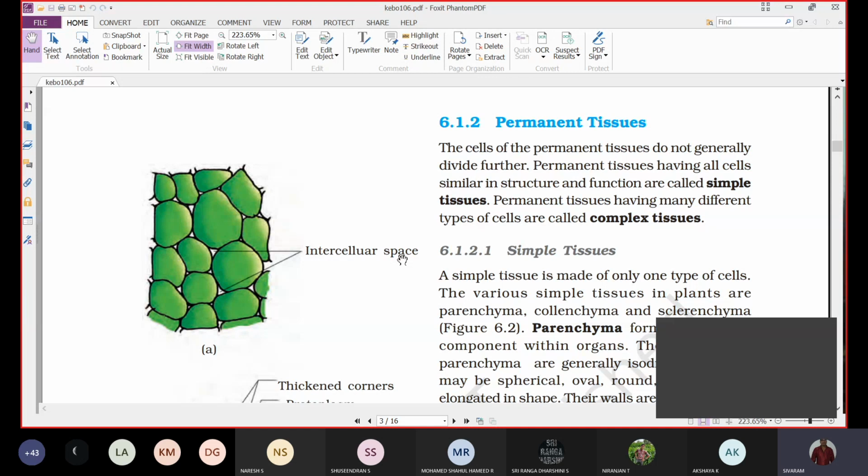So all these tissues are formed primarily from a primary meristem. That is, it may be the apical meristem or an intercalary meristem.